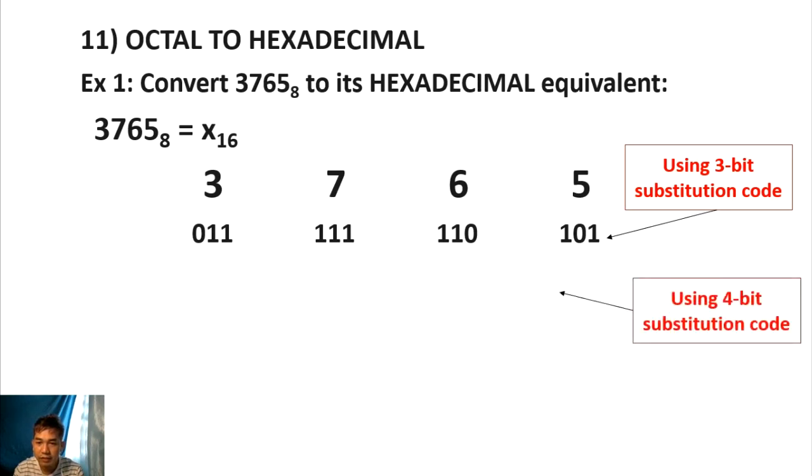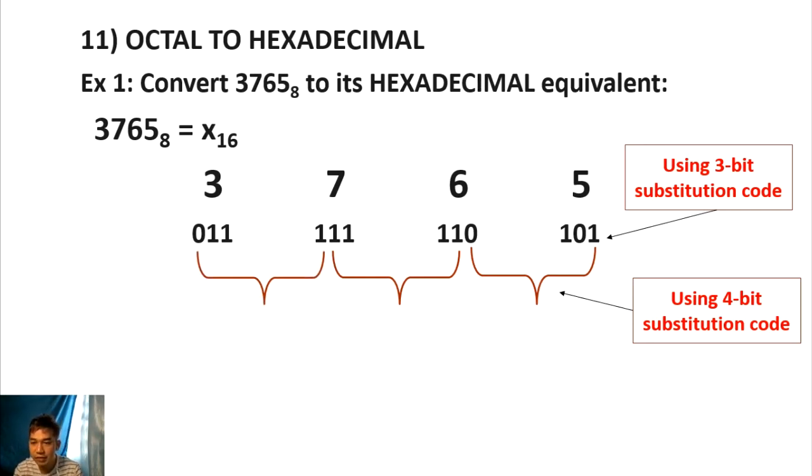The next thing we do is use the 4-bit substitution code. But before we can use it, we group the bits by 4. So that is one group, another group, and another group.